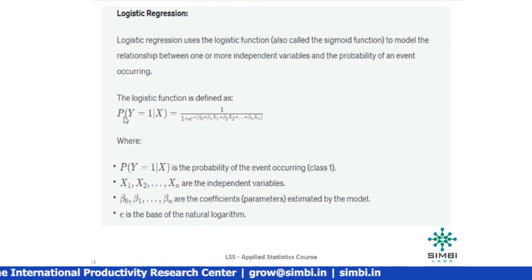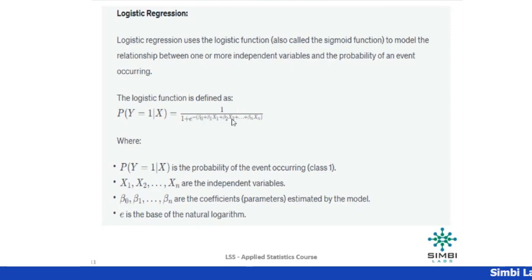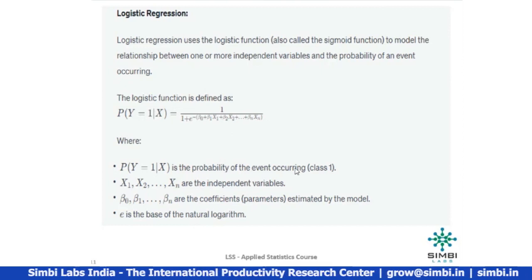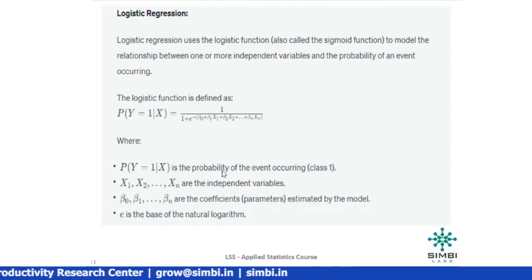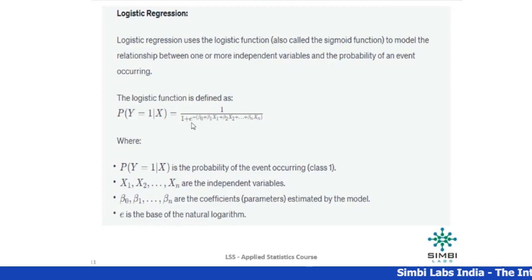We can define it as P(y=1|x) = 1 / (1 + e^-(β0 + β1x1 + β2x2 + ...)). Here P(y=1|x) is the probability of the event occurring, x1, x2 and so on are independent variables, beta values are the coefficients estimated by the model, and e is the base of the natural logarithm.